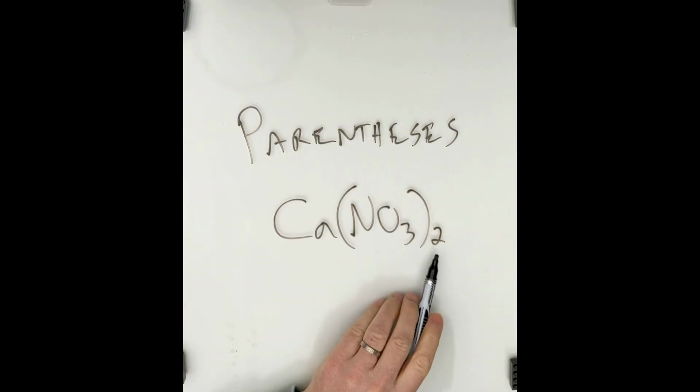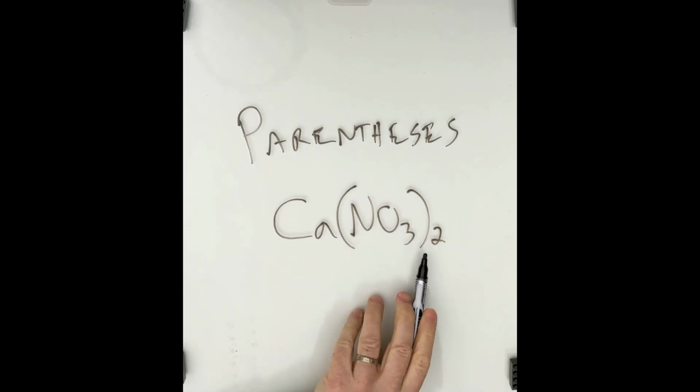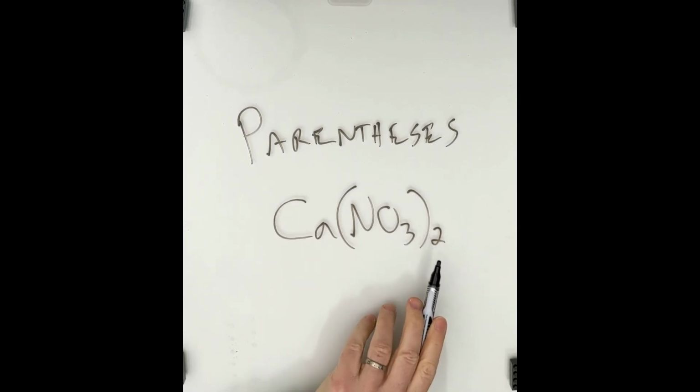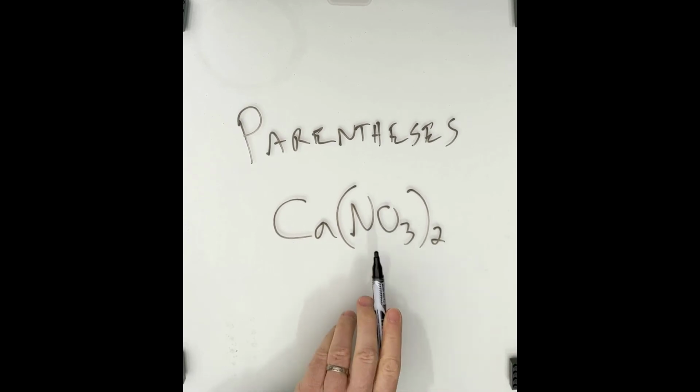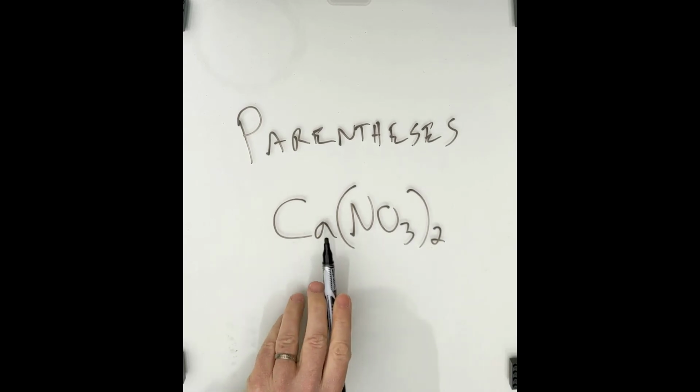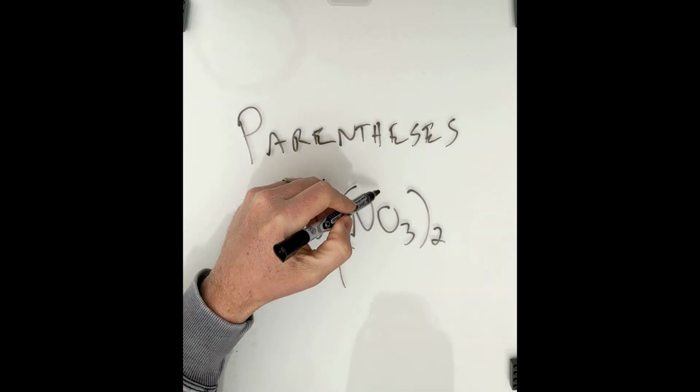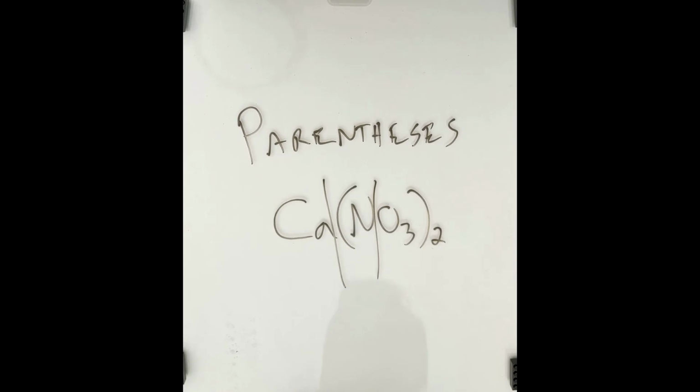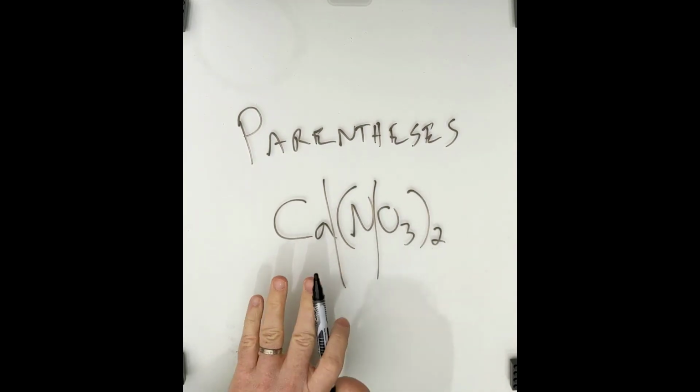So this subscript, which is outside the parentheses, applies or multiplies everything that's inside the parentheses and nothing else. So it doesn't go all the way back and affect the Ca, the calcium. That's one element. There's another element, and the oxygen is another element. So if you're looking at elements, there's 3. 3 capital letters means 3 elements.